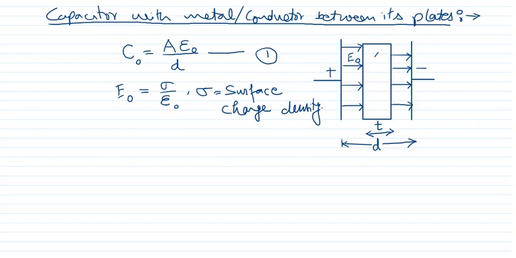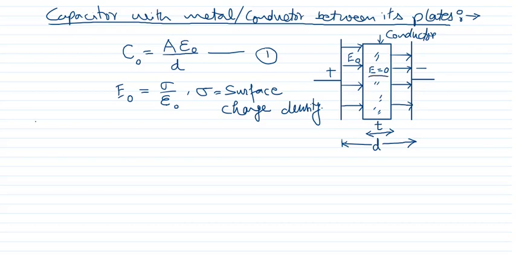Now therefore, here this is the conductor. Any conductor is placed between the plates, and we know very well that in case of a conductor, the net electric field is always 0.